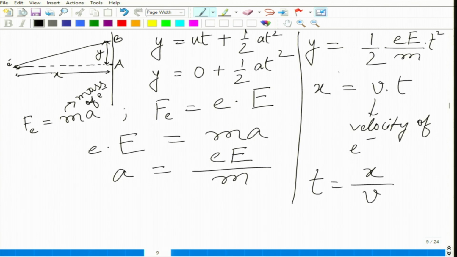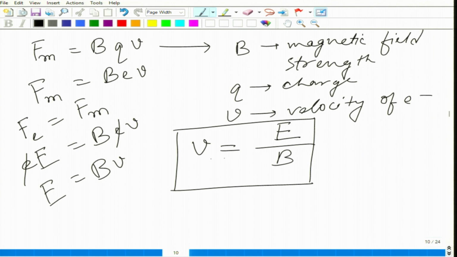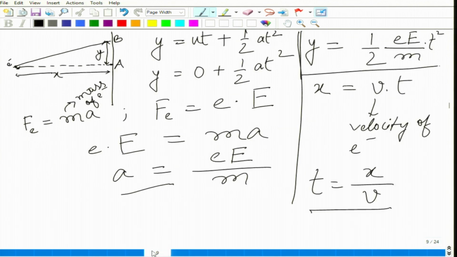Now in this formula, we got the value of a, we got the value of t, and from the previous formula we get the value of v also. So in this formula we put the value of v.